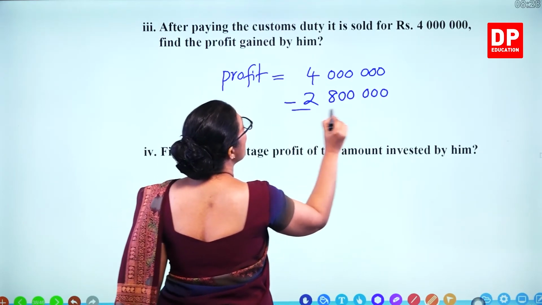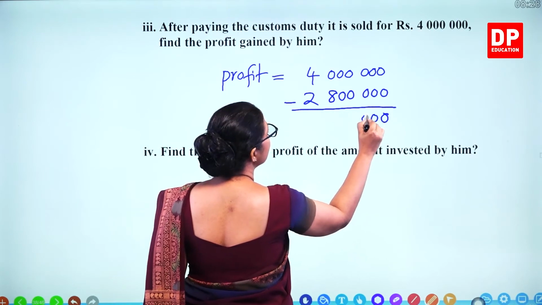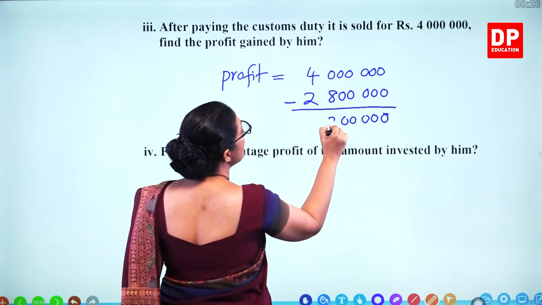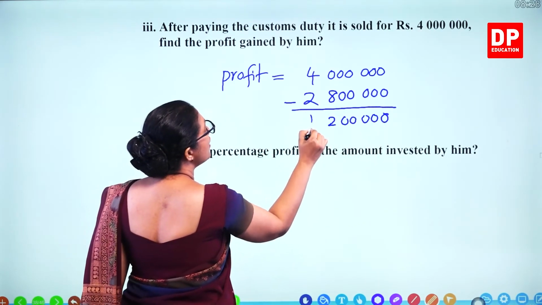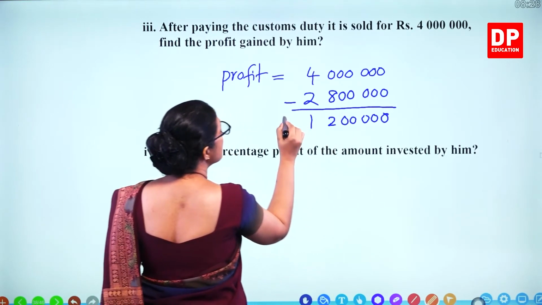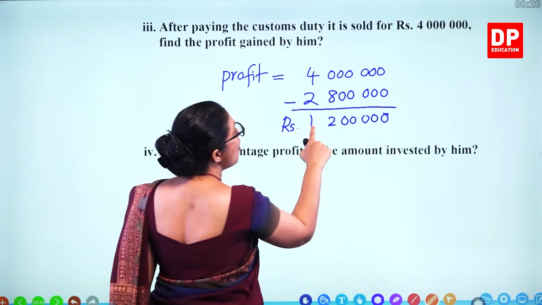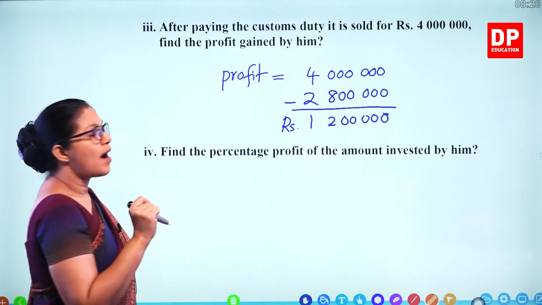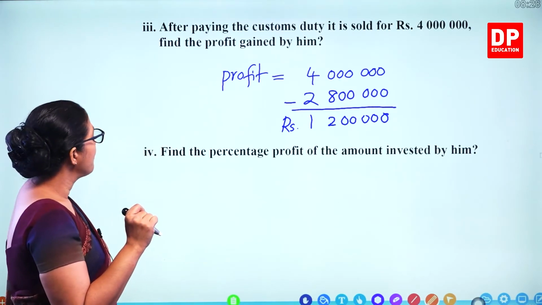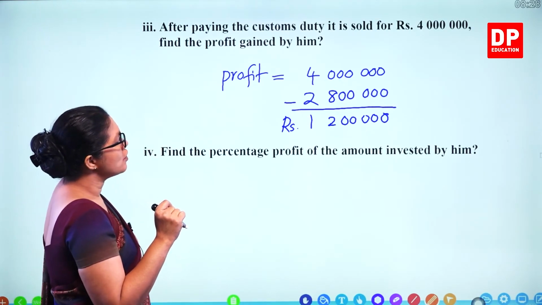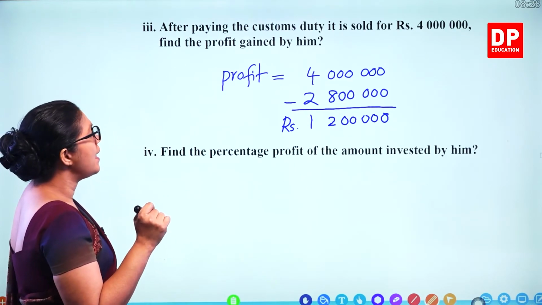So what is the profit gain? Here 2 and 1. So profit is 1,200,000 rupees.